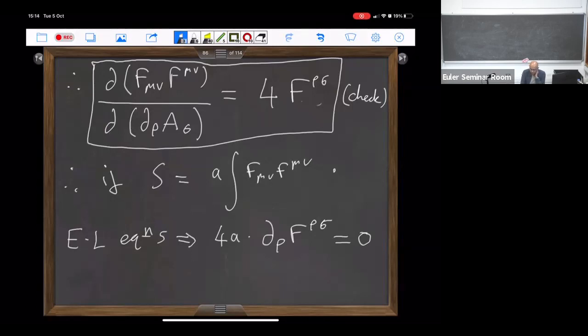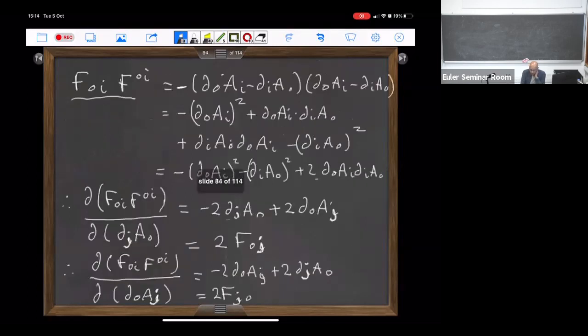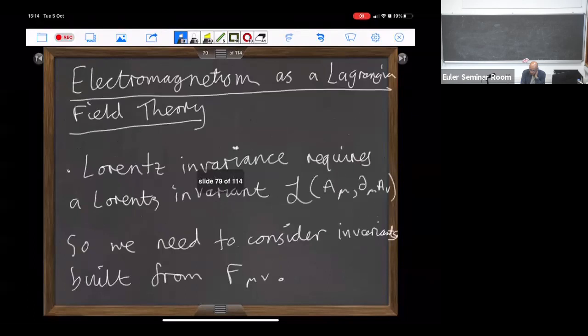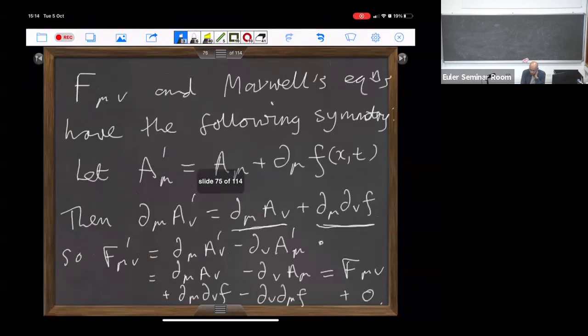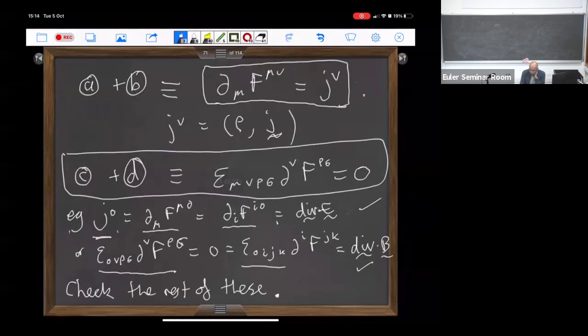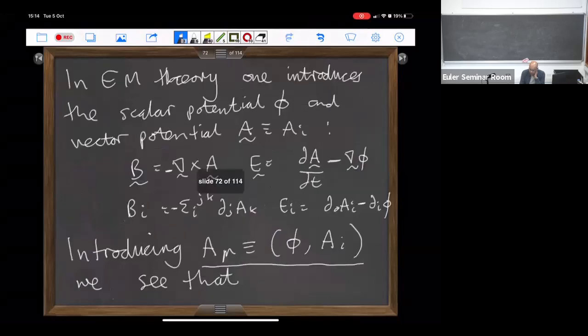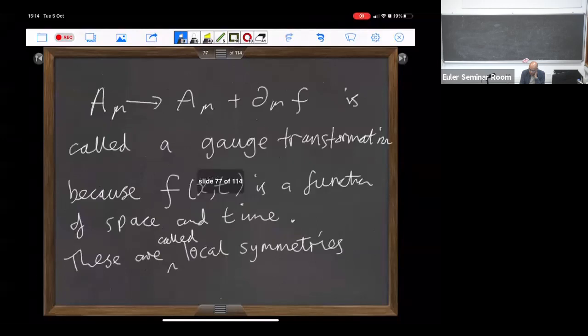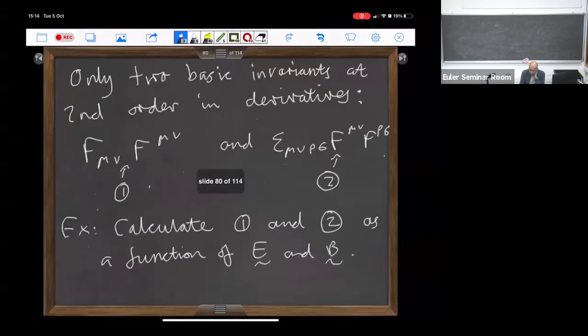And if you recall, half of our Maxwell's equations, the A and B, are given in terms of the divergence of F. So that's nice that we get something proportional to the divergence of F.